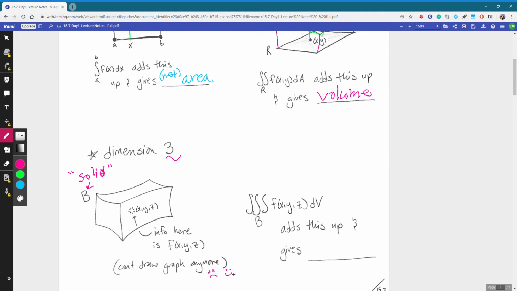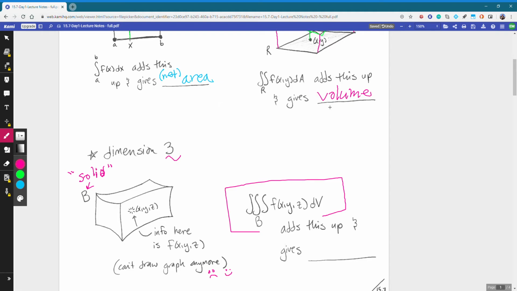So that's nice. But anyway, the idea here, if we go through this solid brick and add up all this information, well, what's going to do that is this object over here we call a triple integral. And this thing is going to go add this up. And right, so what's it going to give us? Well, geometrically, right, dimension one, we got area.